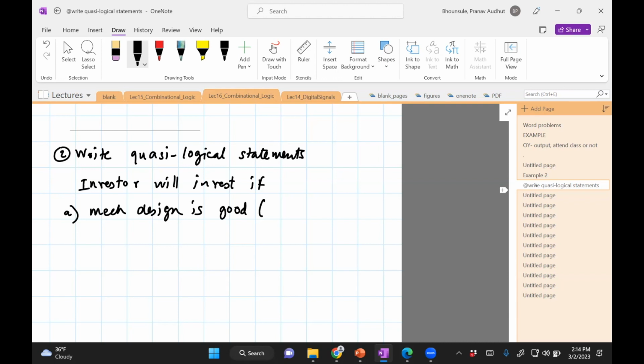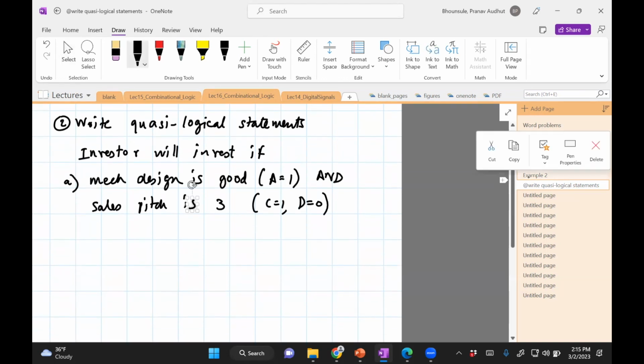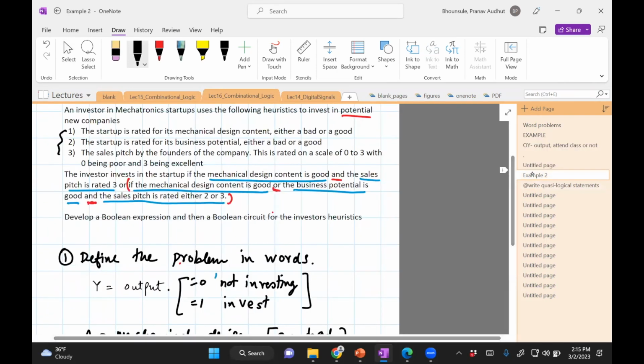What that means is A should be 1. And you said and, sales pitch is 3. So what's 3? 3 is, if you go back, C equals 1, D equals 1. Okay. So that's the first statement here.